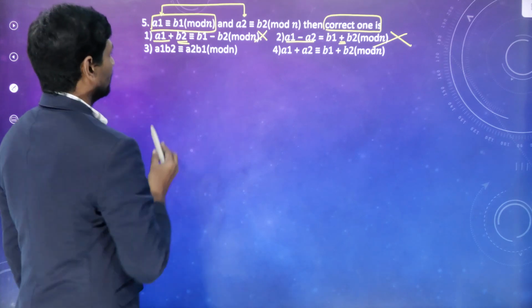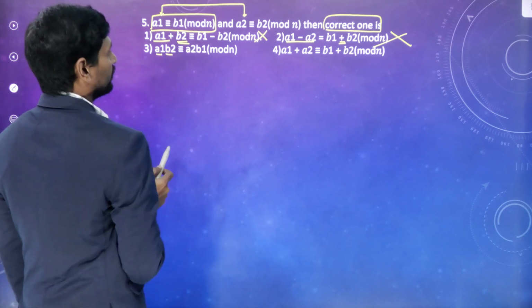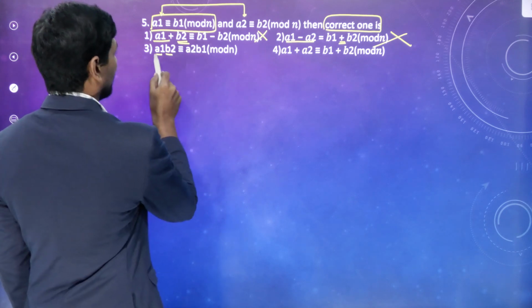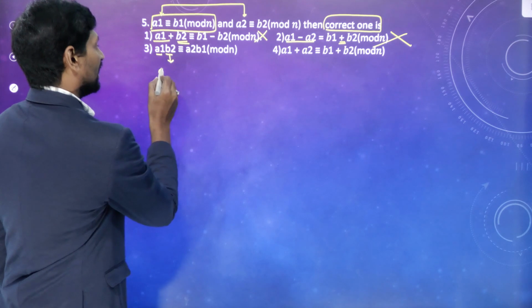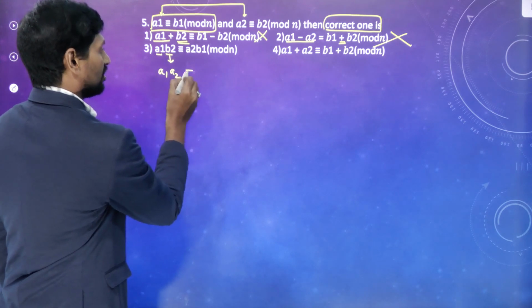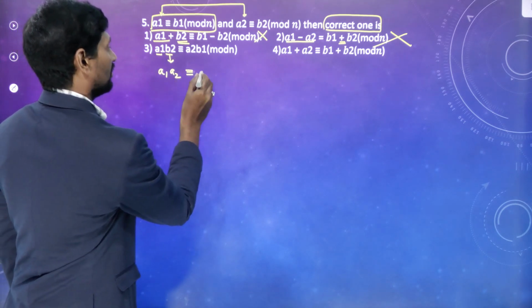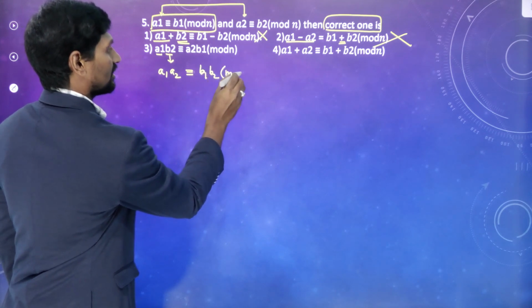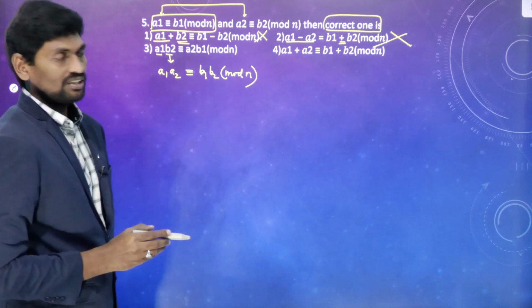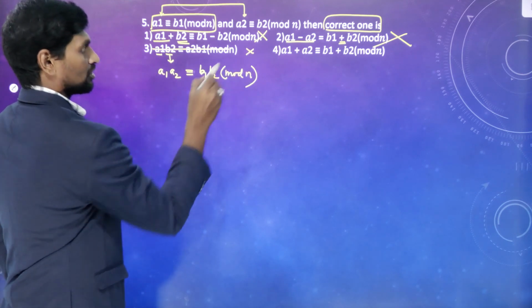Next, the third: A1 into A2 is congruent to A1 into B2, but what should it actually be? A1 A2 is congruent to B1 B2 modulo n. So this is also wrong.